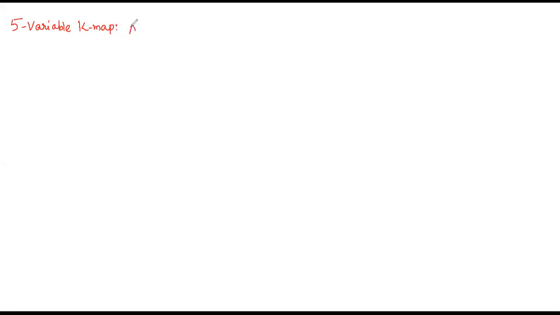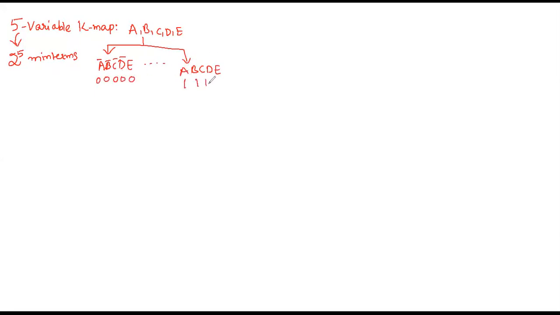Okay. Five variables A, B, C, D, E. With five variables, we have 2 to the power of 5 minterms, and those minterms we can represent with bar and non-bar variables. A barred variable is indicated with 0, and an unbarred variable is indicated with 1.